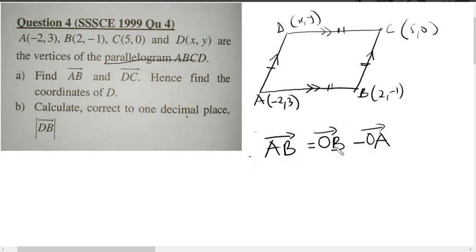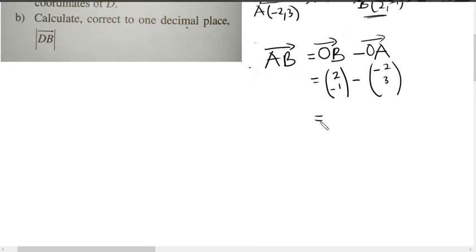If I say vector OB, that means the point B, and vector OA, I mean the point A. Alright, finding the vector AB, I know the vector OB is the same as the point B, which is (2, -1). So under the vector OB, I write 2, -1, minus, then under the vector OA, I write the point -2, 3.